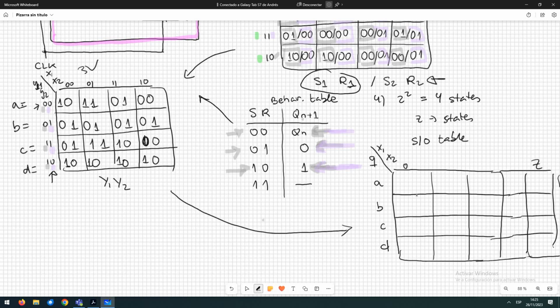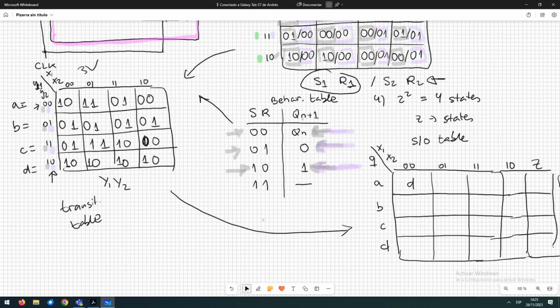And here we have the combination of the input. So looking at the transition table, if the next state is 1 0, 1 0 is state D.